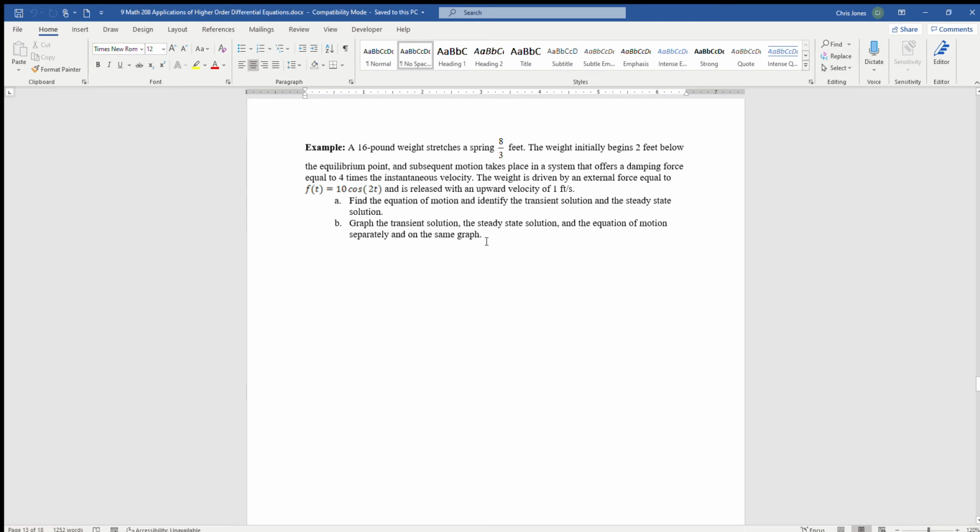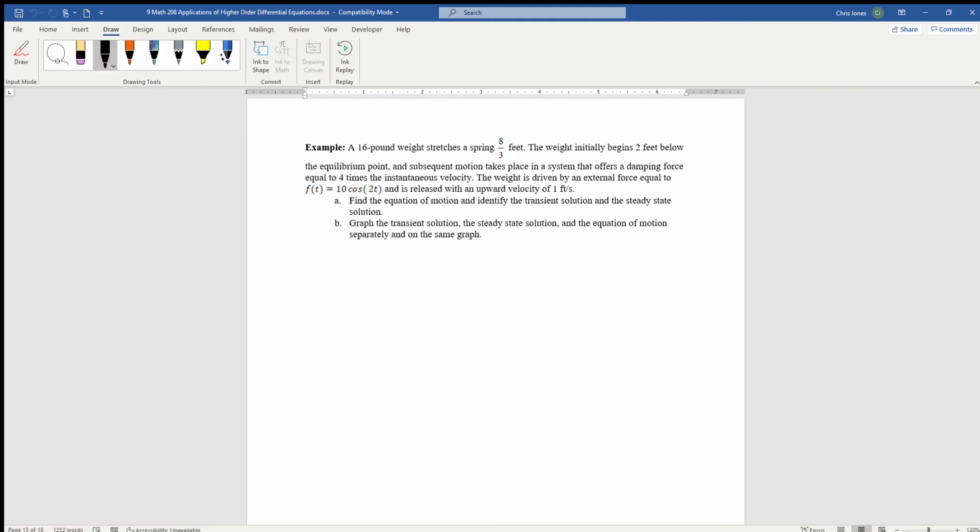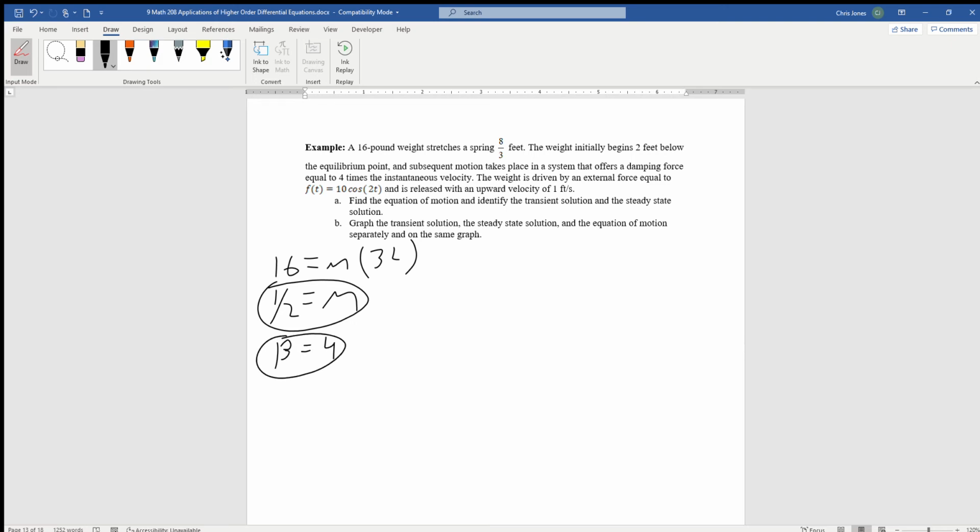All right, first things first, let's model what we have. We know from previous problems that F equals ma. 16 is the force, mass times 32, which is the acceleration due to gravity, so 1/2 of a slug is the mass. We know beta is 4 because it says 4 times the instantaneous velocity.